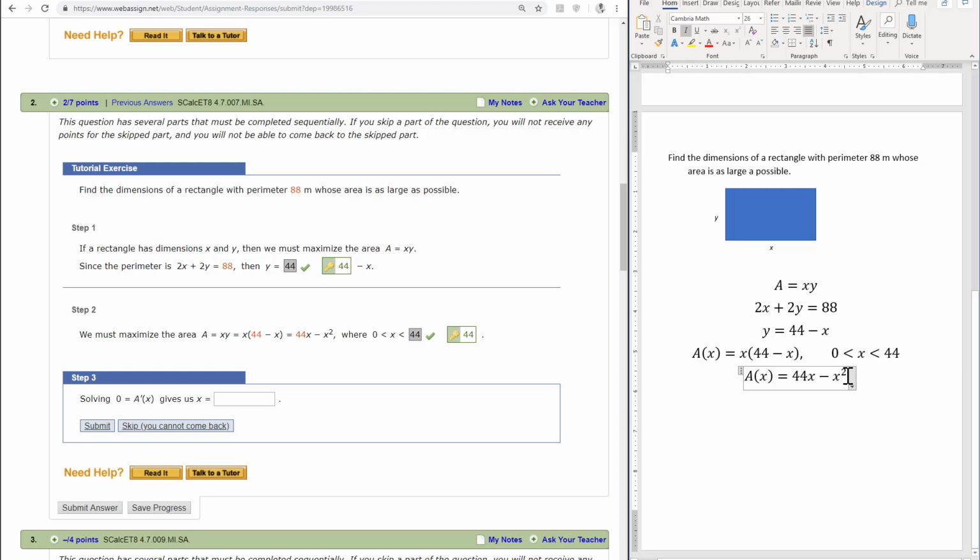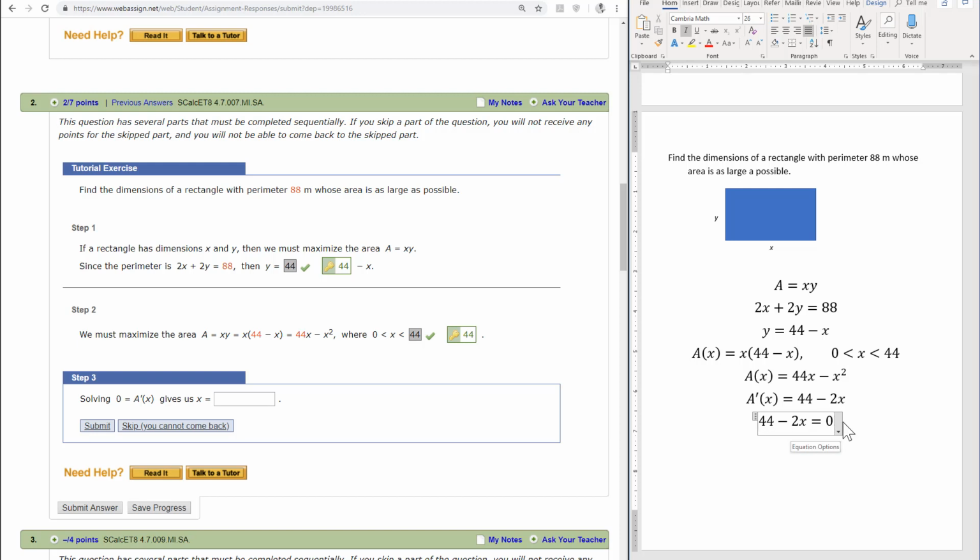And then we take the derivative of that. So A prime is going to be 44 minus 2x. And if we set this equal to 0, this is going to be pretty easy to solve because it's a linear function.